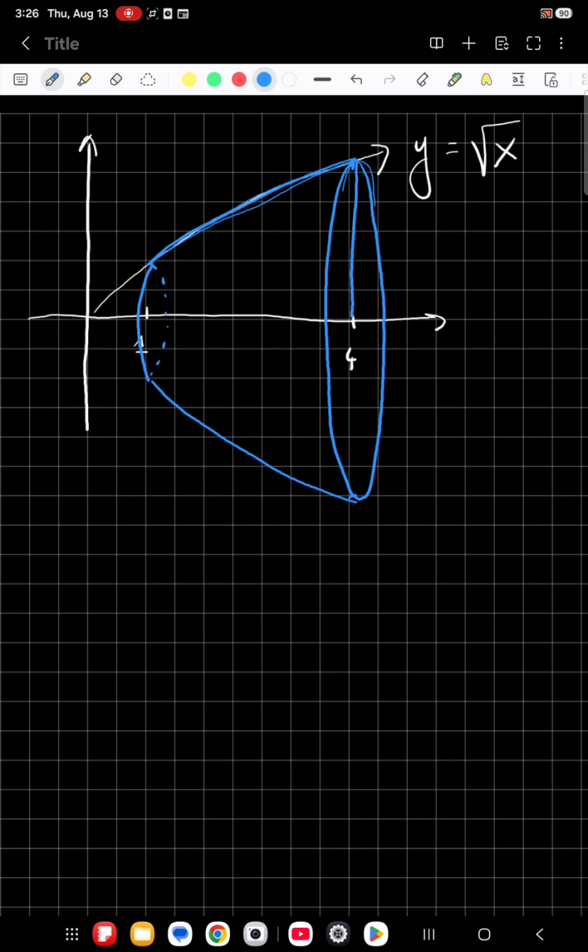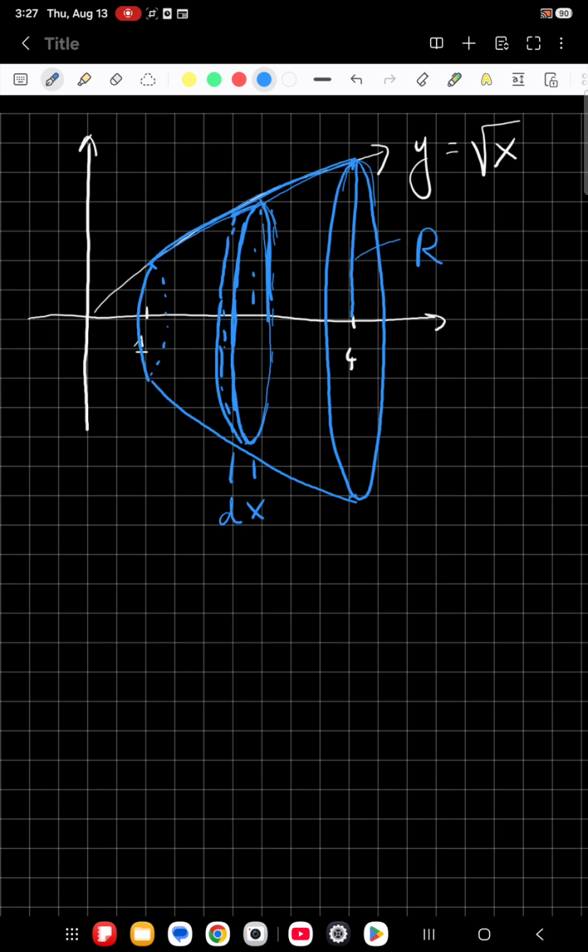Here is the radius. And then we could have, I don't know, a little disc here, just to illustrate what's happening. And we have the radius. This is the thickness, dx.